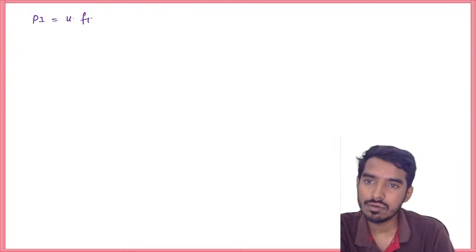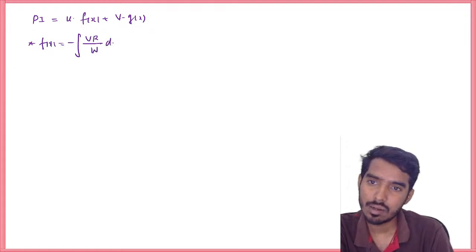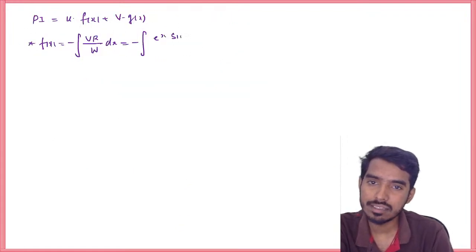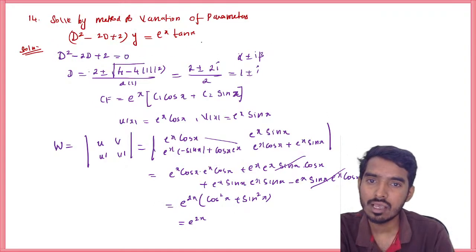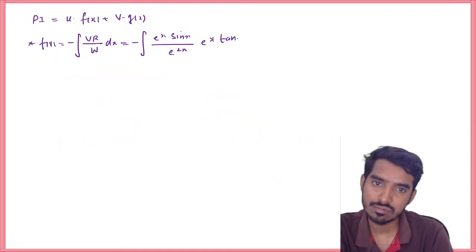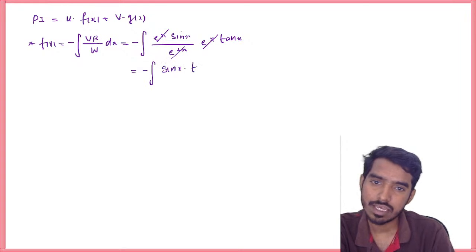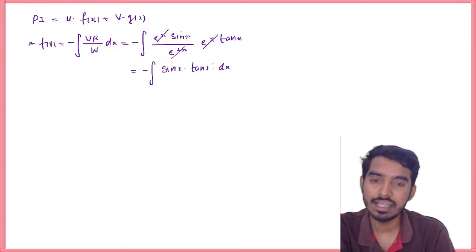The particular integral is u into f(x) plus v into g(x). What is f(x)? It is minus the integration of v r by W, where W is e^2x and r is e^x tan x. The e^x e^x, e^2x get cancelled: integration of sin x tan x dx.